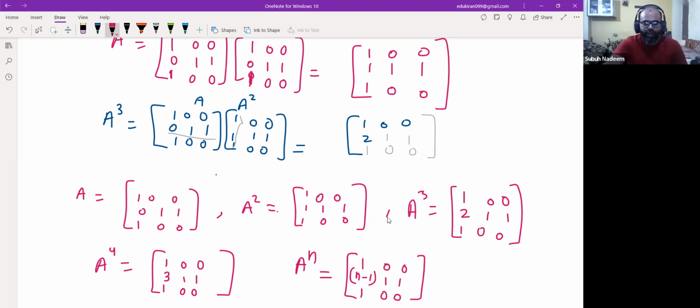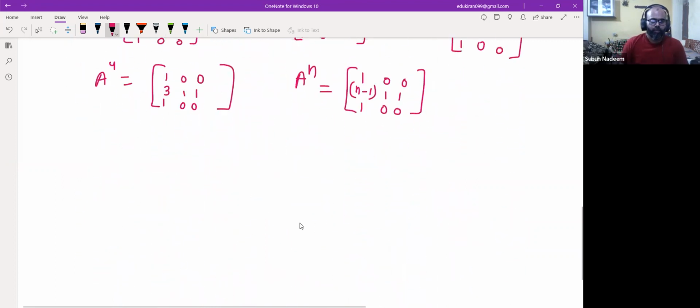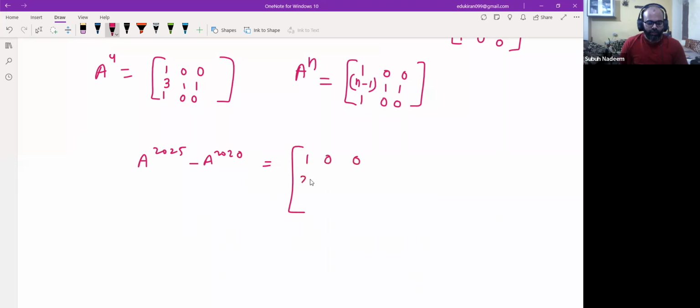Now it was asked a to the power 2025 minus a to the power 2020. If you want to find it, it will be 1 0 0, 2024 1 1, and 1 0 0, minus 1 0 0, 2019 1 1, and 1 0 0.